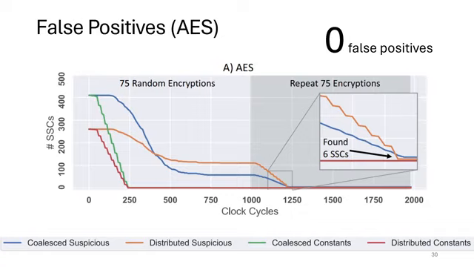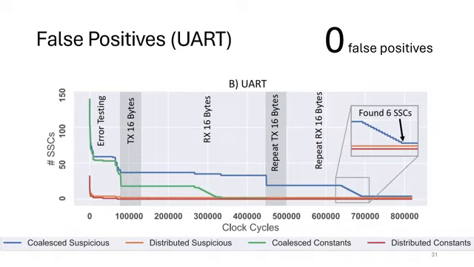At the end of this, they found 6 suspicious state-saving components, all of which were injected hardware Trojans that Bomberman was meant to detect. So 0 false positives were found here. Very similar story in UART. It's doing a transmit and receive, and it's doing it twice, alongside some configuration error testing.